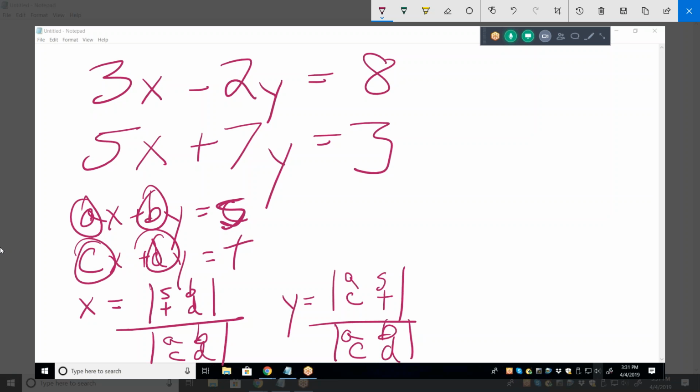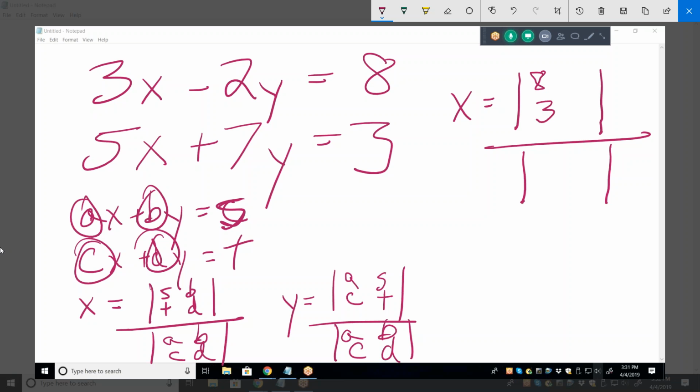Yes, sir. So, let's figure out what x is. Let's do it piece by piece. Fill it all in, and then we'll figure out those determinants. So what goes in the first cell in the numerator on the upper left? 8. What goes below that? 3.